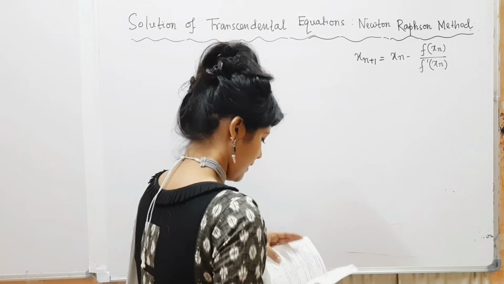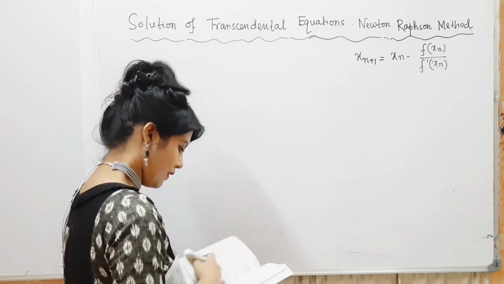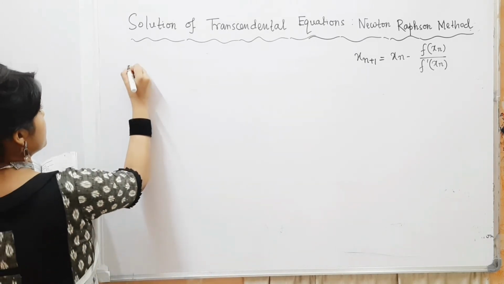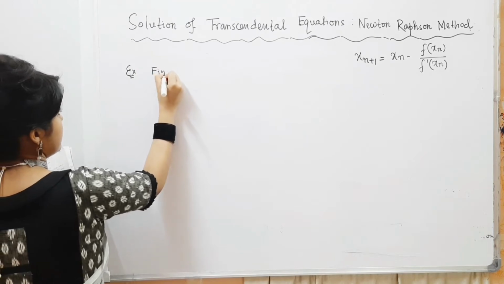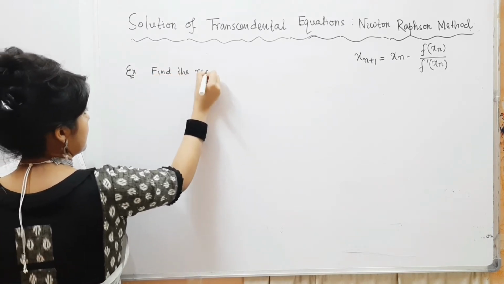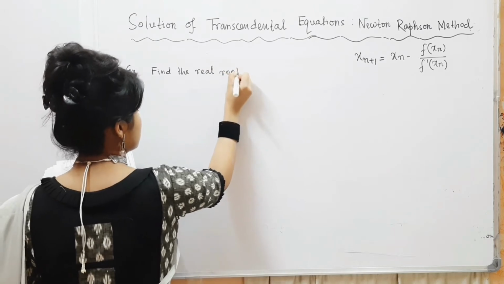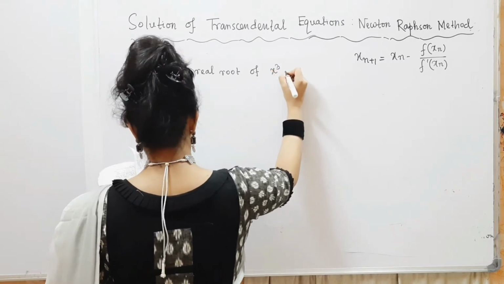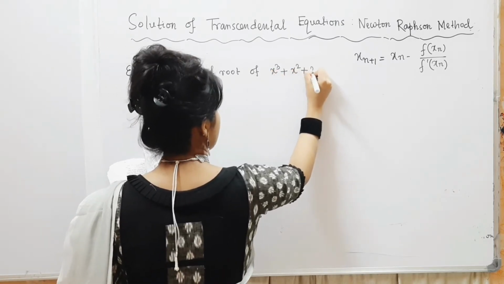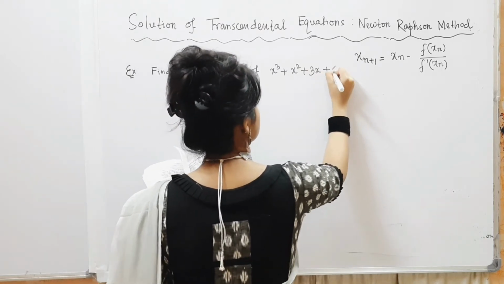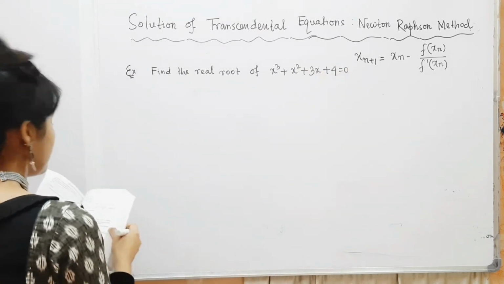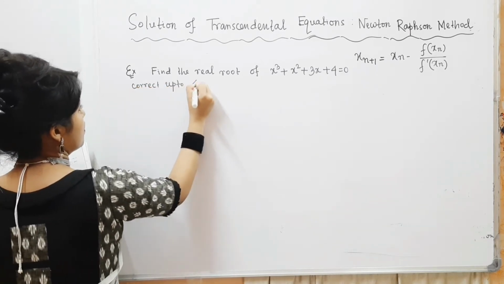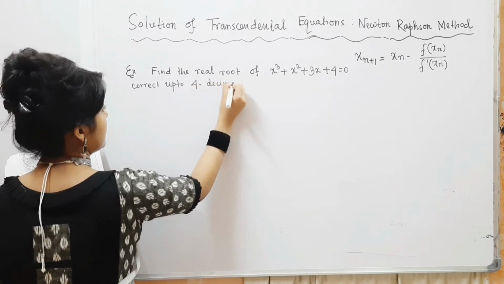Okay, now I am considering a problem. That is, find the real root of x cube plus x square plus 3x plus 4 equals 0, correct up to 4 decimal places.